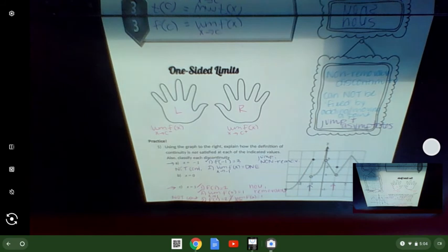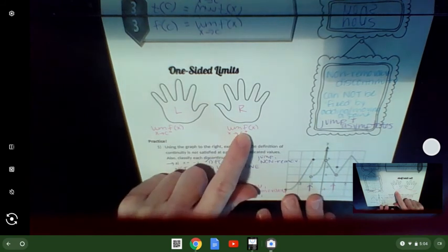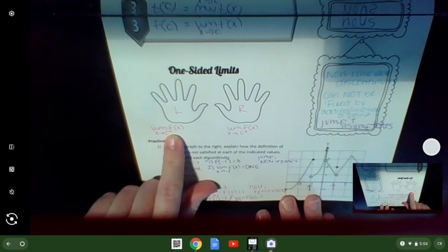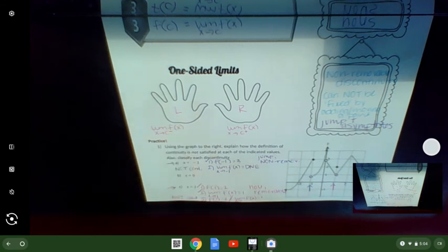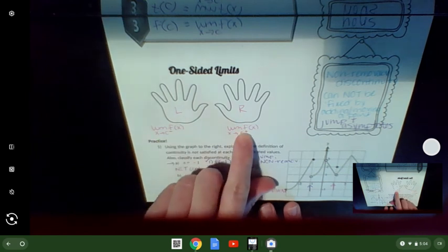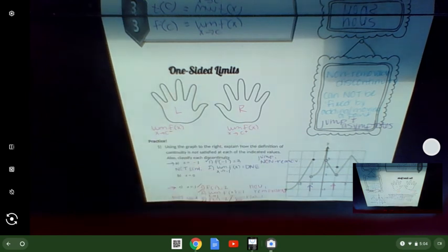Now, something to note. A plus sign does not mean you have to approach from positive values. Similarly, a minus sign does not mean you have to approach from negative values. It just means you have to approach from values less than the value in question or greater than the value in question.